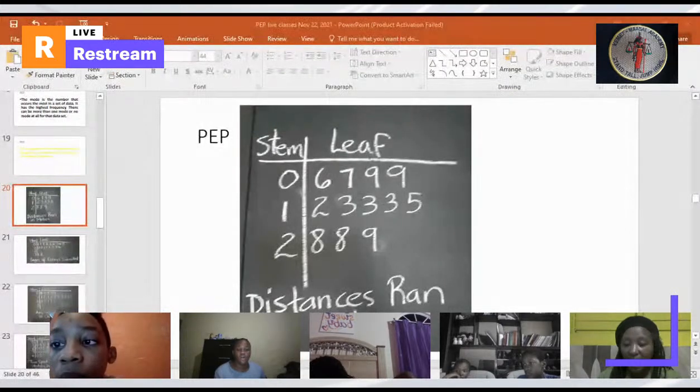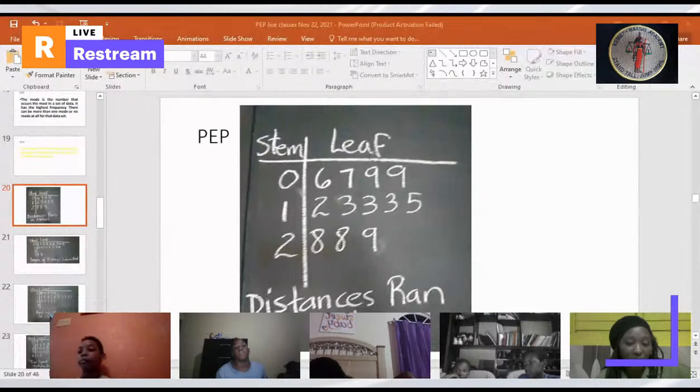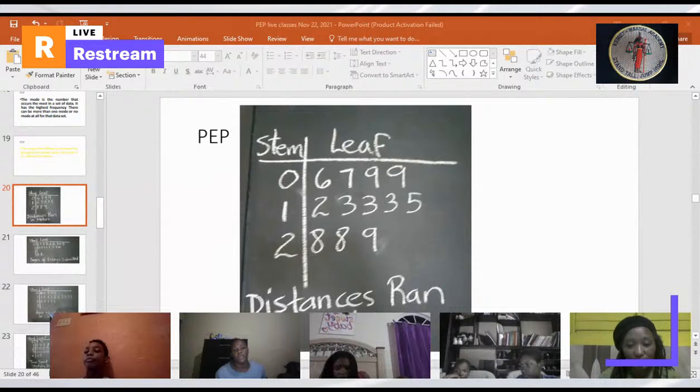And the mode is the most frequent number. Since there are 3 13s, that is the mode. With 2 9s, we have 2 28s, but there are 3 13s. That has the highest frequency, 13, that is the mode.